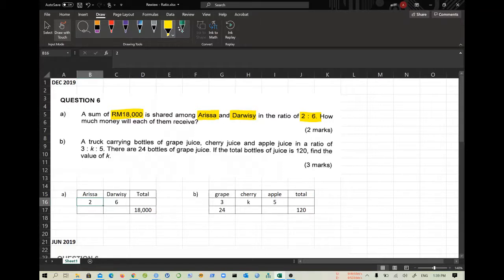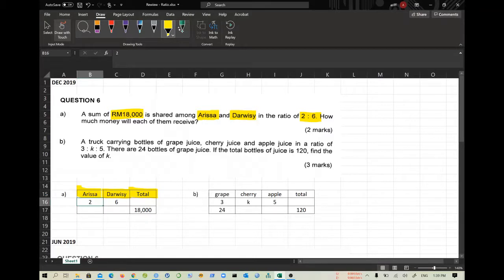So how do you transfer this information into table form? In this case you have two quantities, or two entities, Arisa and Darwish. If you have two, that means you're going to have three columns. The first column is Arisa, the second column is Darwish, and lastly the third column will be the total.